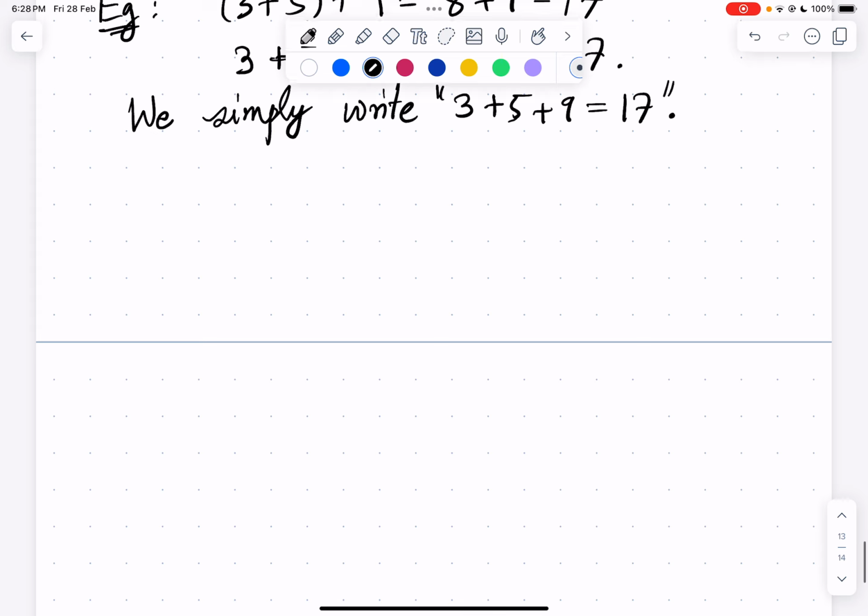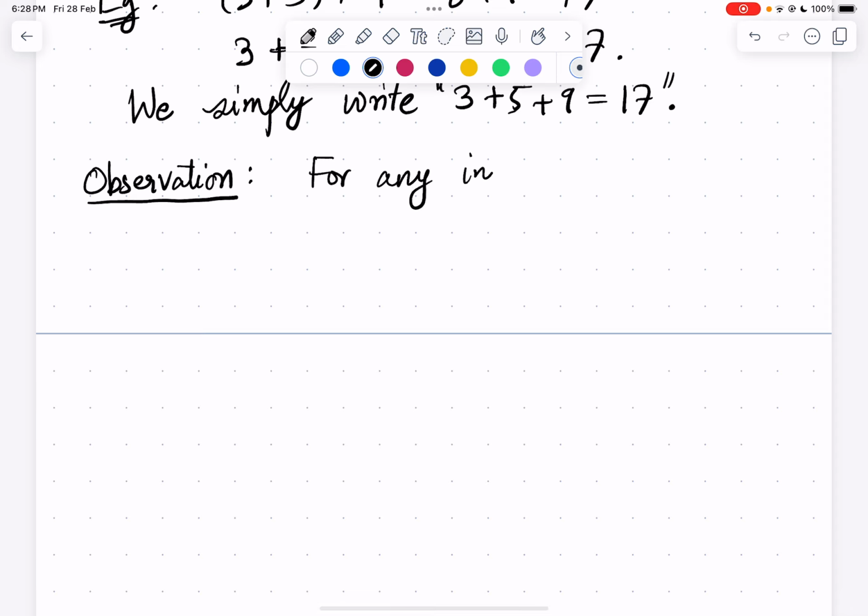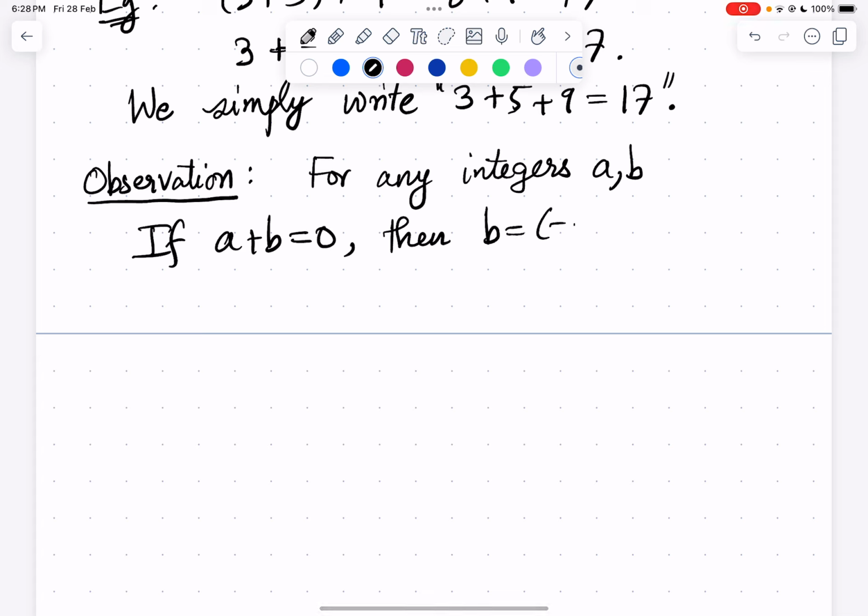Okay, so we have an observation. For any integers a, b, if a plus b equals 0, then b equals minus a and a equals minus b.